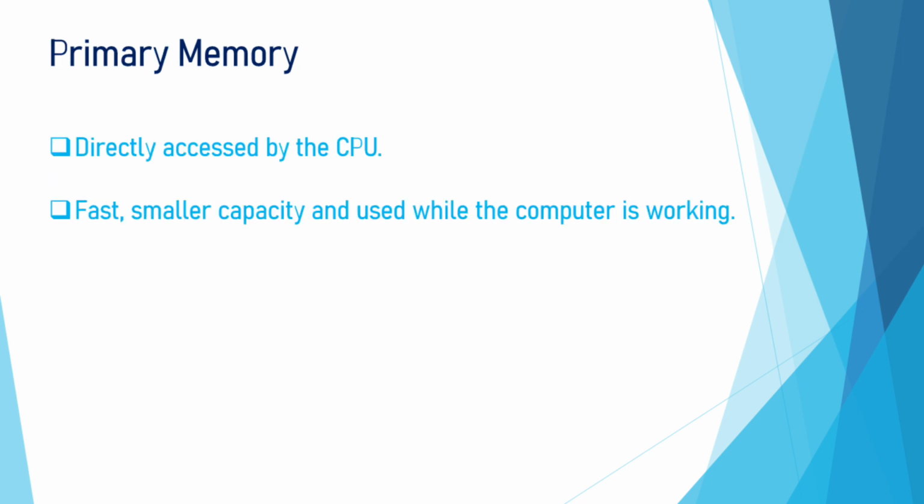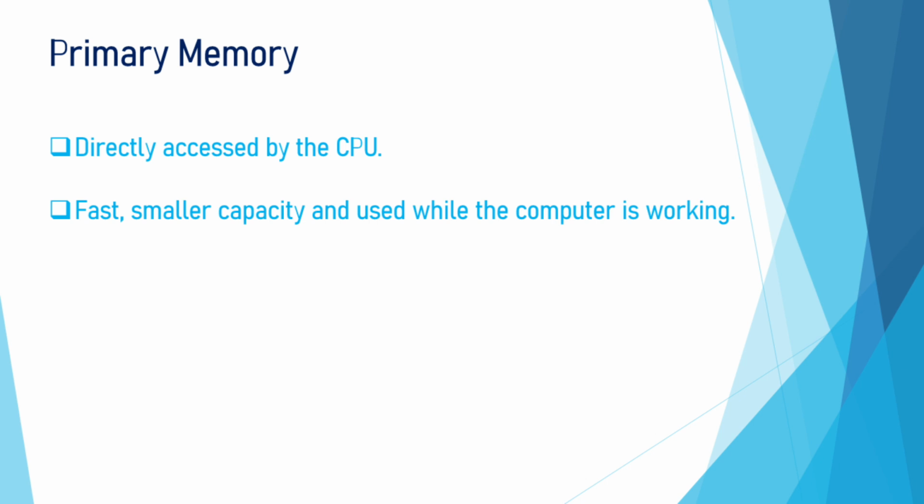Today's lesson mainly focuses on primary memory. Now come, let's see primary memory. Primary memory is the memory directly accessed by the CPU. It is much faster than secondary memory. Although it is very fast, it has a smaller storage capacity.